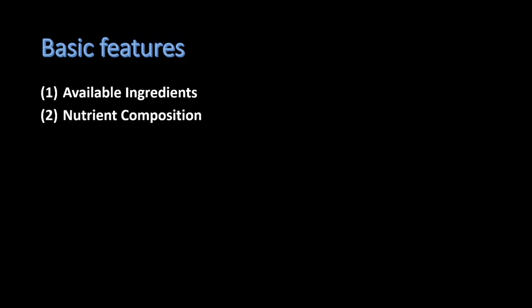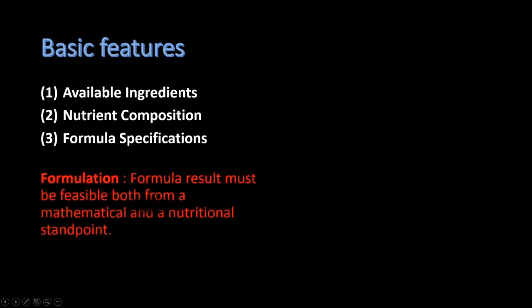Nutrient composition again varies from country to country and even varies with different varieties of the feedstuff. So that can be managed in the software. And then formula specification can be set keeping in view the animal nutrient requirement. So what is formulation? Formulation simply is that the formula result must be feasible both from a mathematical and a nutritional standpoint.